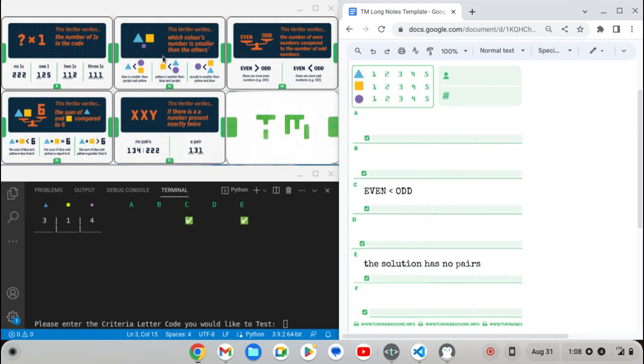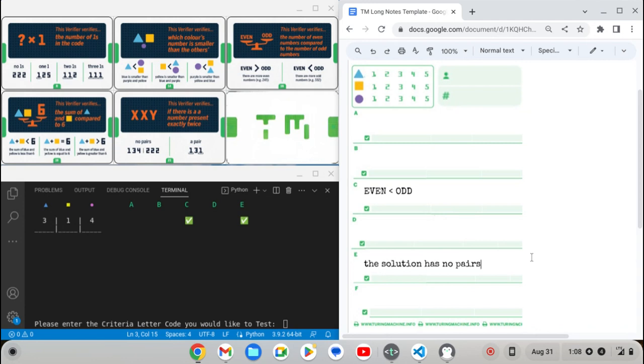However, if you take a look at criteria card B, since there is an absolute smallest, that means it can't be a triple number, right? If they're all the same, then no one can be smaller than the other 2. So yes, we have narrowed it down to be all unique digits.